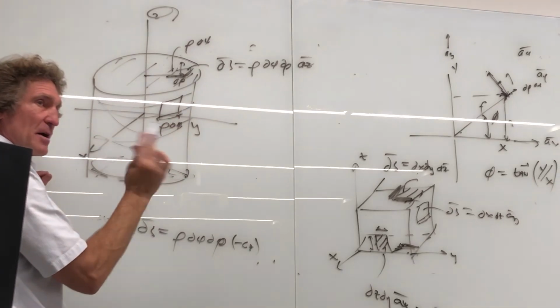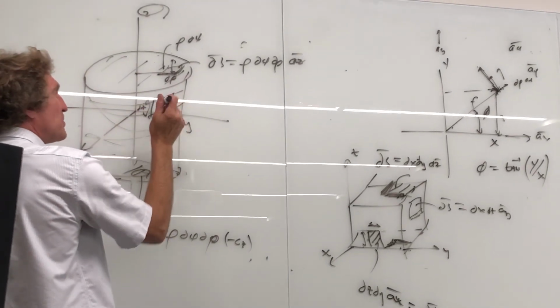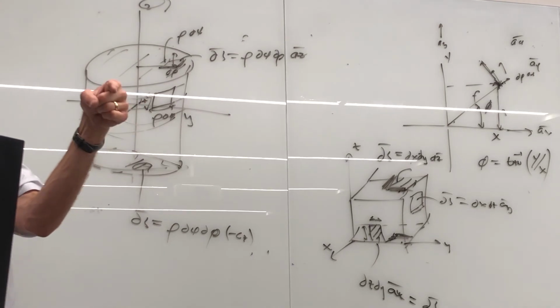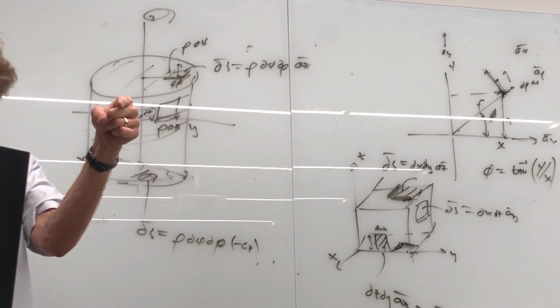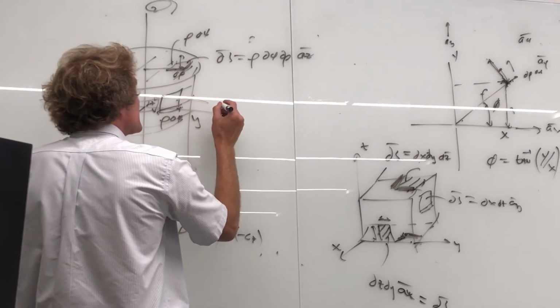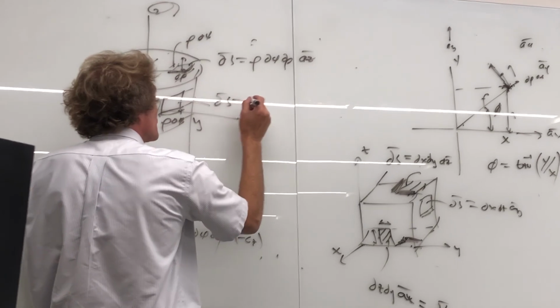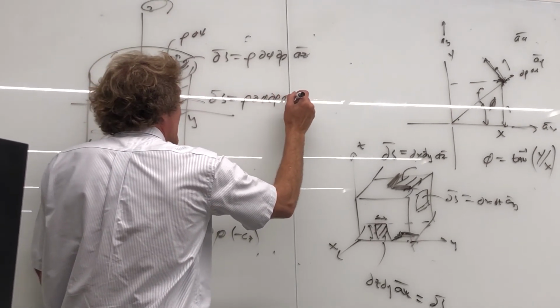It's the outer edge, right? This is still dz, and it's pointing in what direction? a rho. It's pointing radially outward. You follow me? Can you see that? The differential unit vector would be pointing out. So here on the surface, ds would be equal to rho d phi dz a rho.